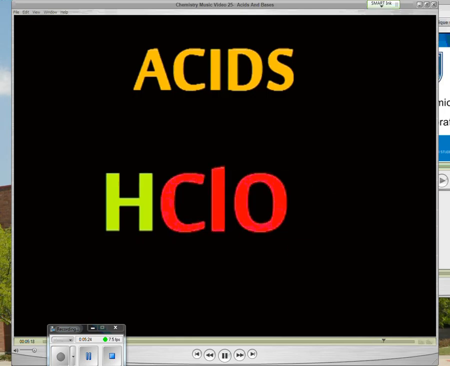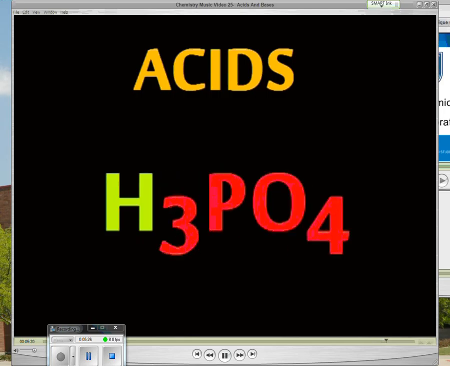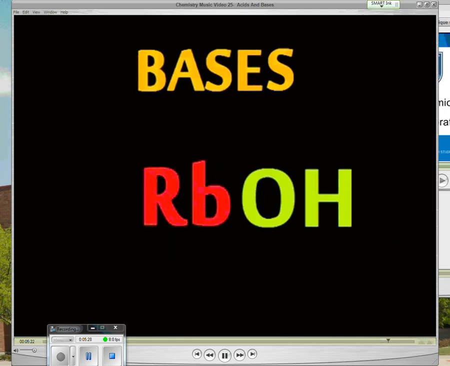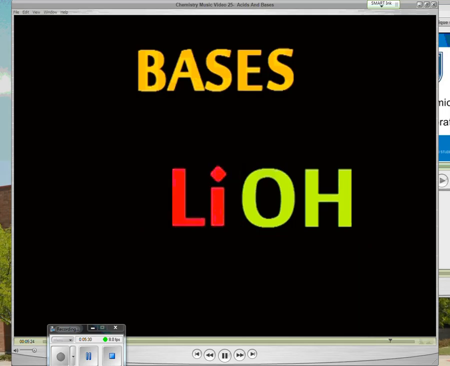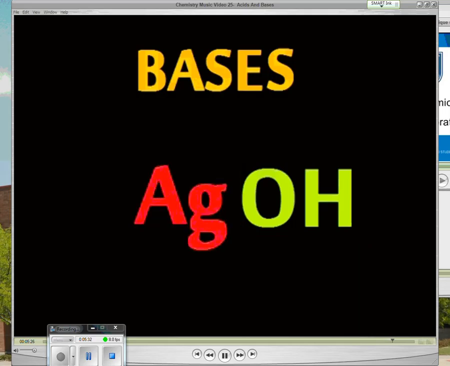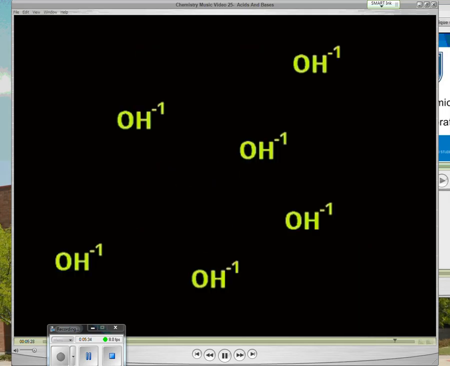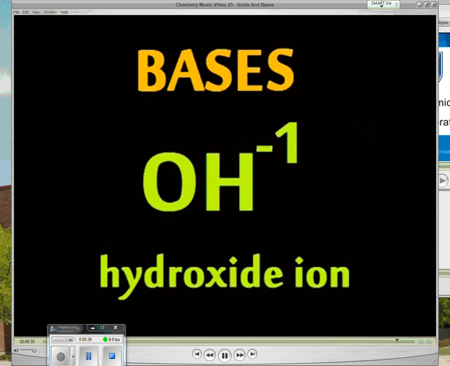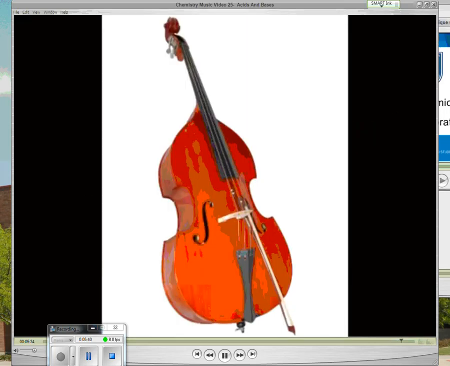Acids have a hydrogen, hydroxide for a base.